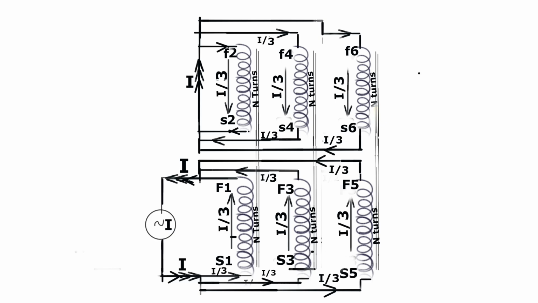Let us repeat the same exercise of paralleling the primaries and paralleling the secondaries separately and apply a current of I to the primary, and we will see each winding will now carry I by 3 current and total I will get returned to the respective primary and secondary.